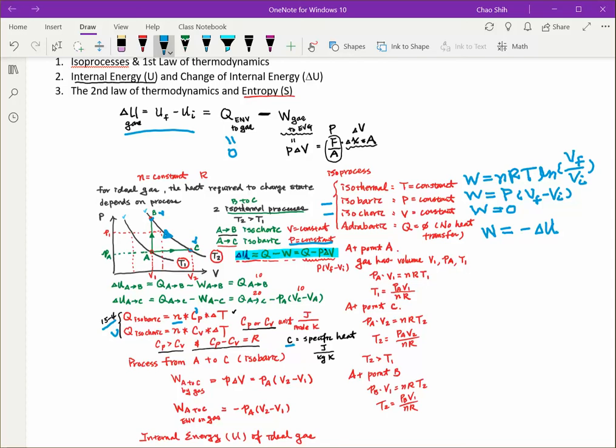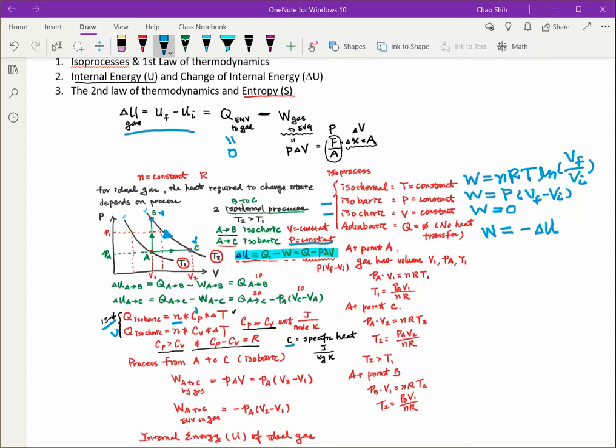This is how you can use these equations to do the calculation. Again, I want to remind you these are very important equations, and I hope after this video you will spend some time to review this. When you work on the homework or a similar problem and you don't remember how to do it, you should go back and watch this video again.